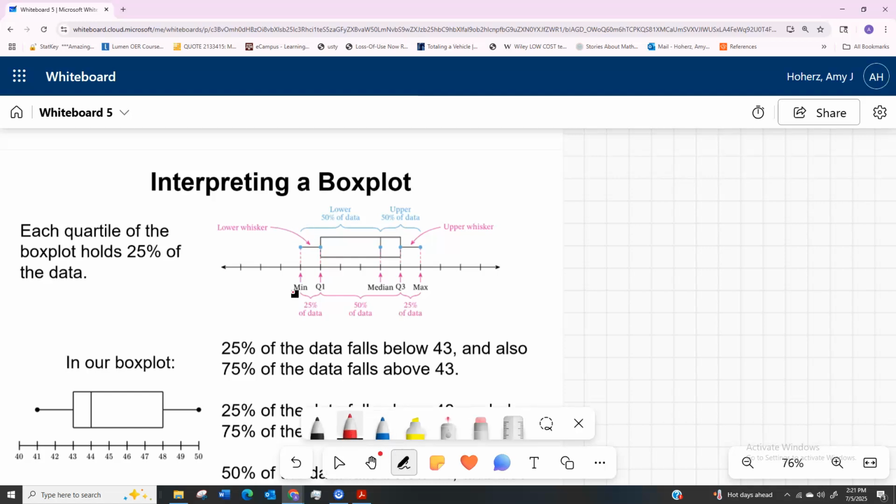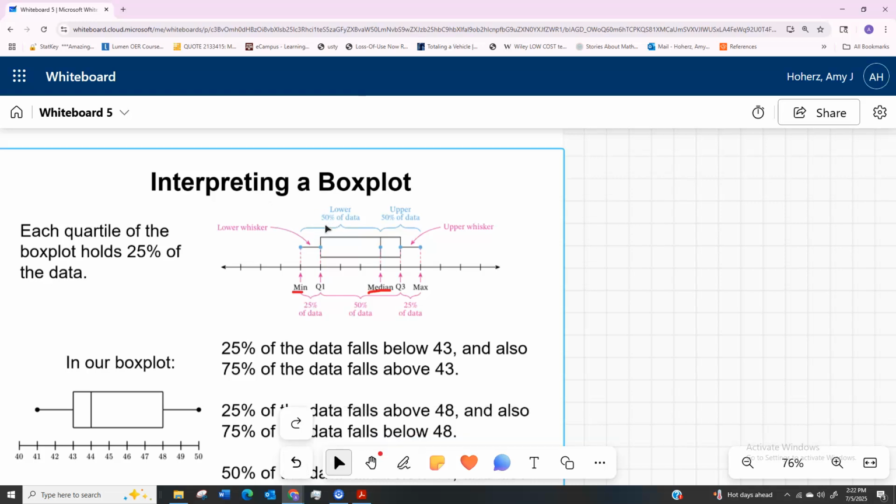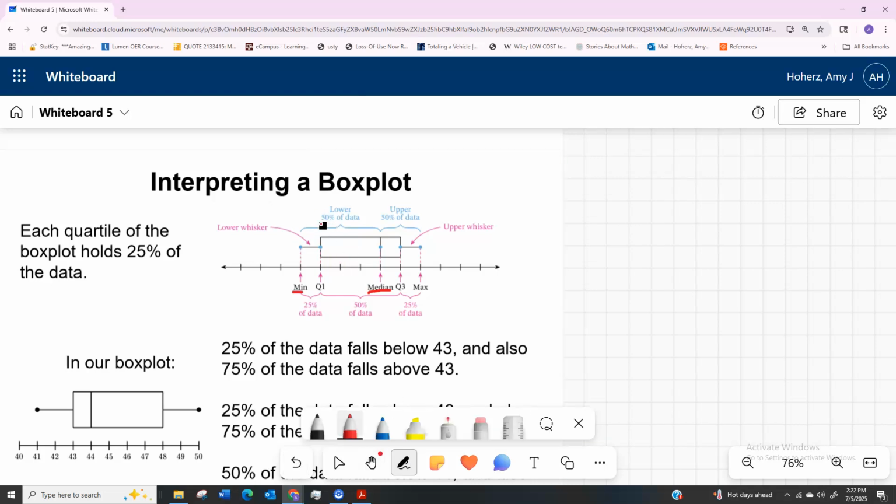So from minimum to the median, that's 50% of the data. Then when you go from the median to the maximum, that's another 50% of the data. And then in each piece, you've got 25% of the data.